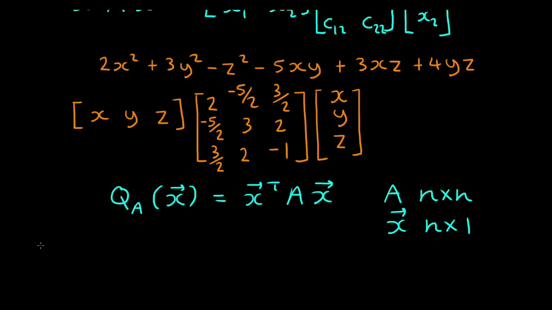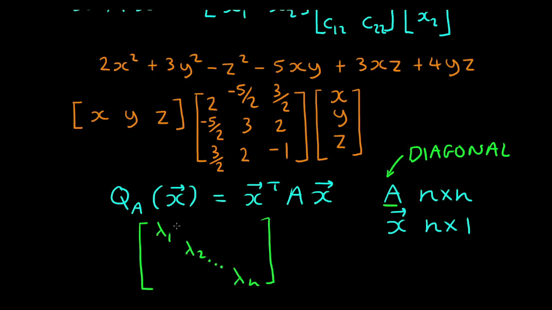Now in addition, if A is a diagonal matrix, then we put lambda 1 to n on a diagonal and zeros off the diagonal.